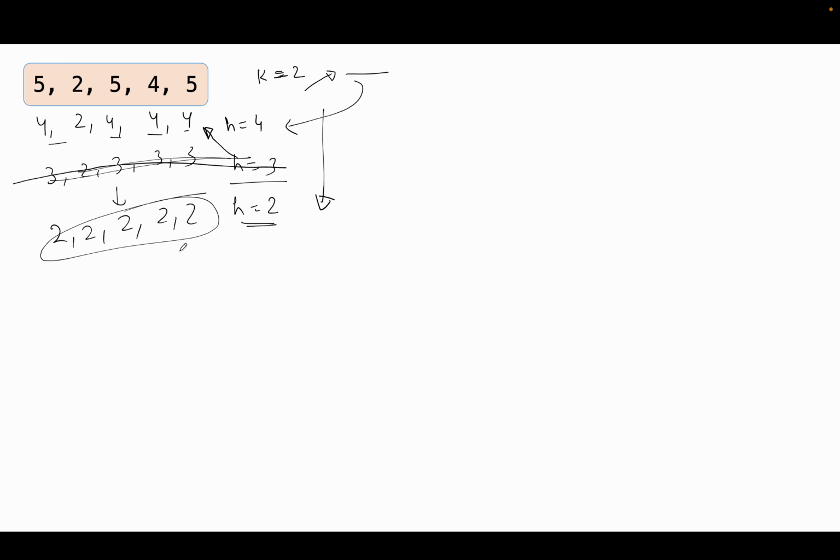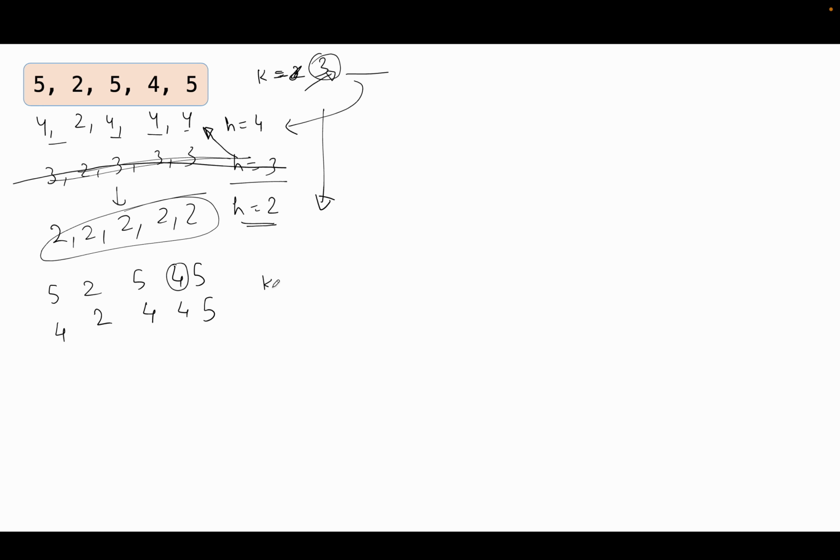So in this case it's 2, but let's say k is equal to 3. So if k is 3, then this conversion is not possible because we have 5, 2, 5, 4, 5. So all the values larger than 4 are 5. So we convert all the 5s to 4.